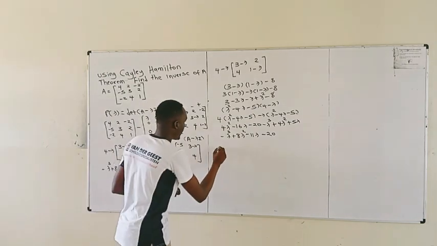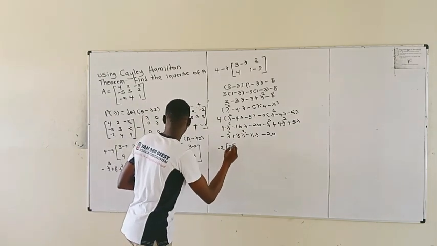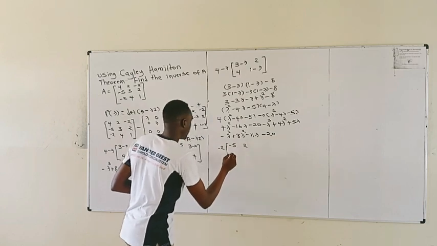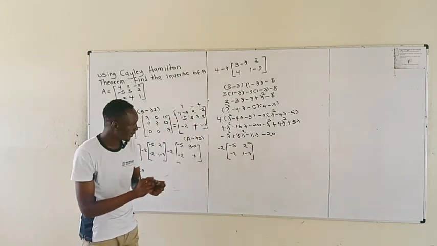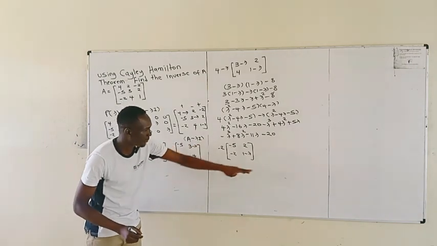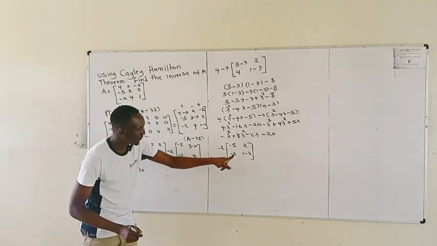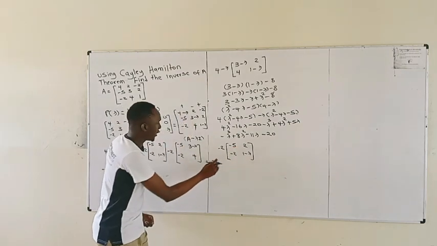We have minus 2 into minus 5, 2, minus 2, 1 minus lambda. To find the determinant, we have negative 5 times 1 minus lambda minus negative 2 times 2. Let's solve the inner part. We'll multiply the outer part later.